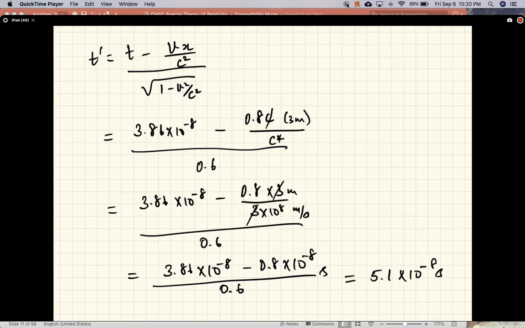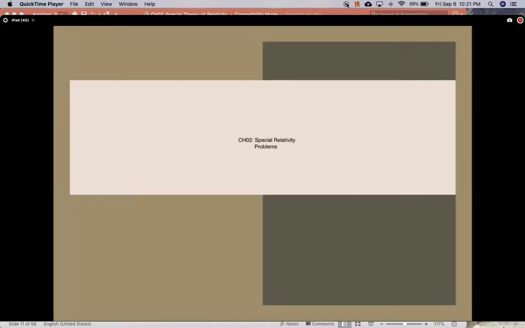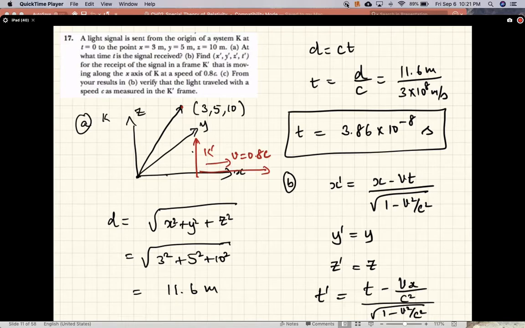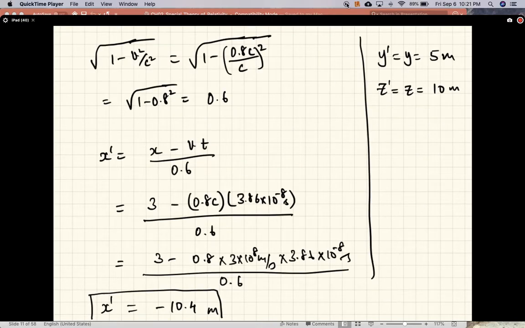So in the K prime frame, when this light signal reaches there, in the K frame it reaches at 3.86 times 10 to the minus 8 seconds. When the signal reaches there, an observer in this frame sees it reaching there at 5.1 times 10 to the minus 8 seconds. So a little later. Okay.